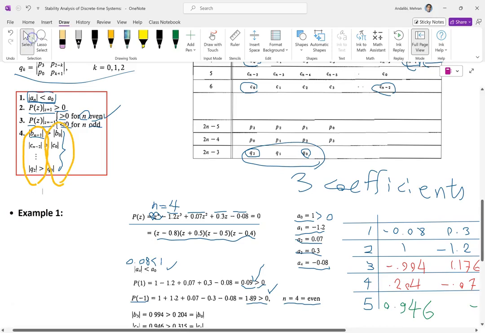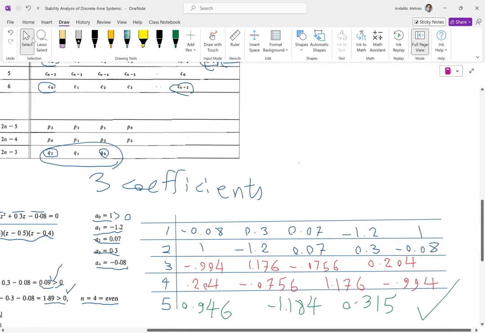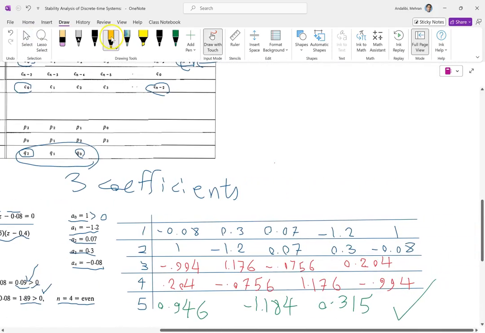So if we go back here and look, clearly the A column was okay, but here we need to look at the B and the C column, and you see that this is your B number 3, this is your B number 0, and clearly the magnitude of your B3 is absolutely bigger than B0.